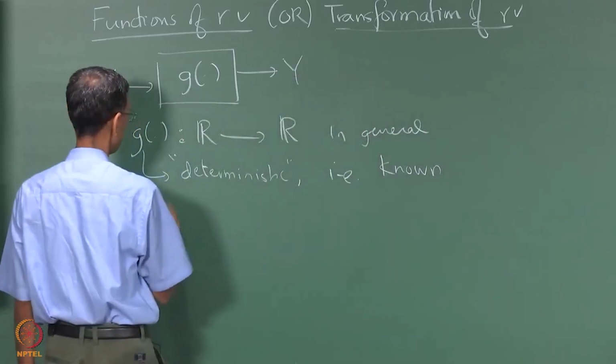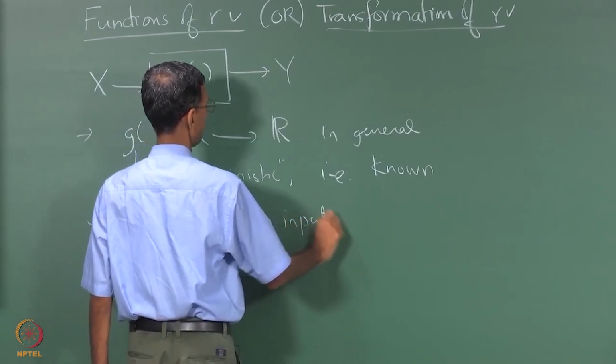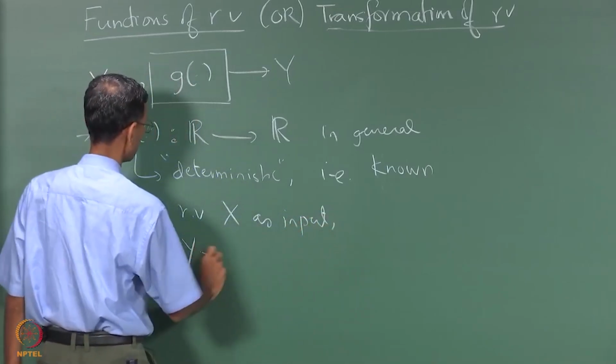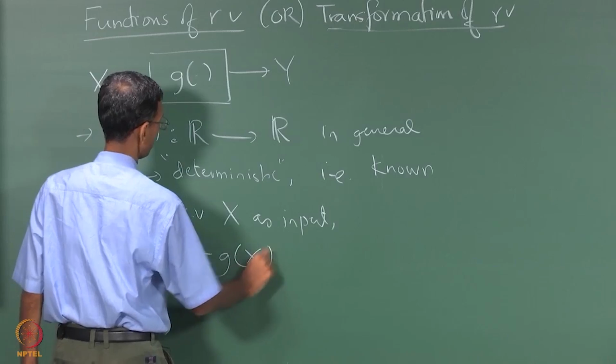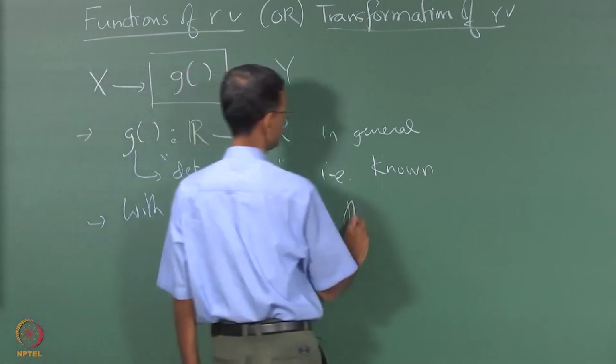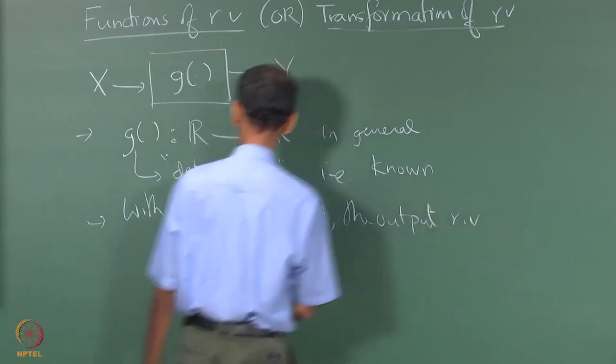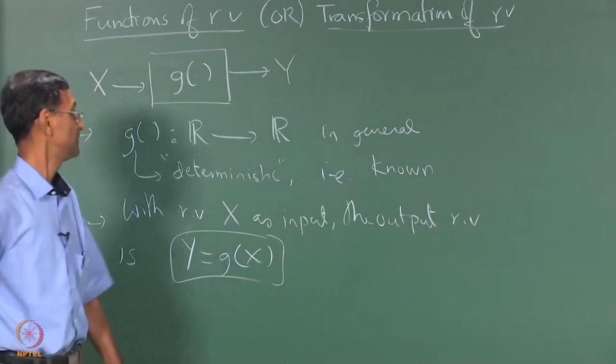So with the random variable X as input, we have Y equal to G of X. The output random variable is simply this.